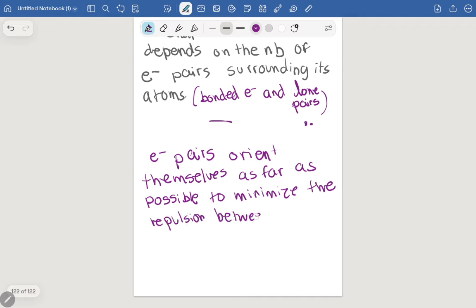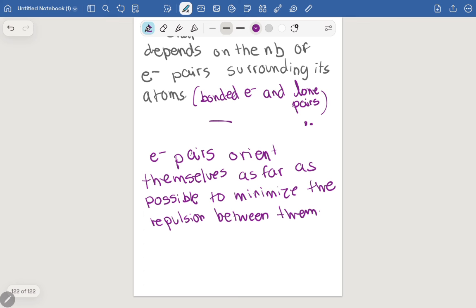Now, this is very essential because we know that electrons, of course, are going to repel each other, right? So, in order to minimize this repulsion, they orient themselves as far as possible. So this is from where we got all of the different possible shapes, because in all of these shapes, this is the maximum that all electrons, especially the bonded pairs, can stay apart from each other.